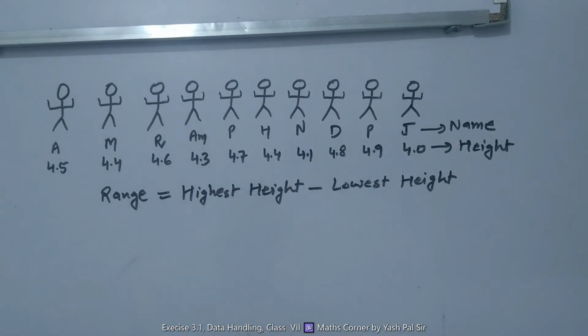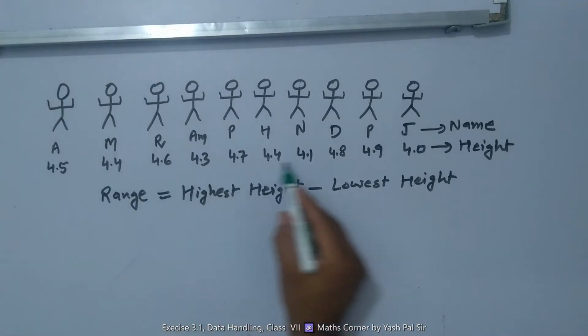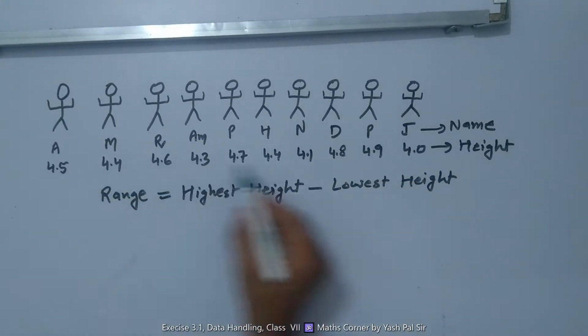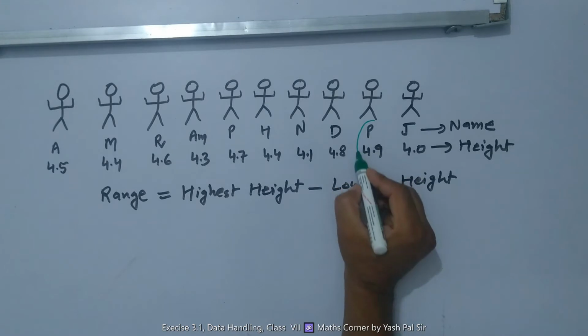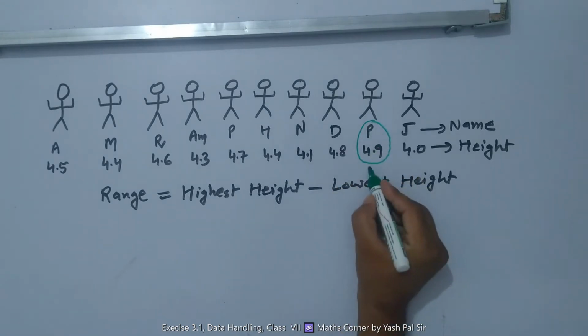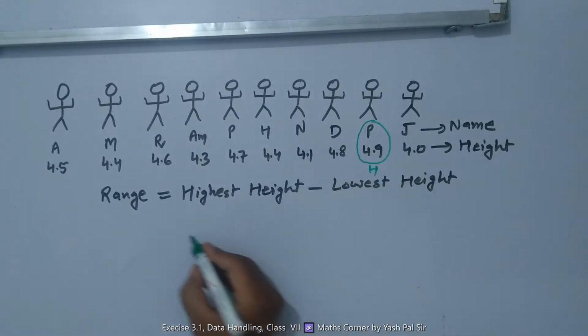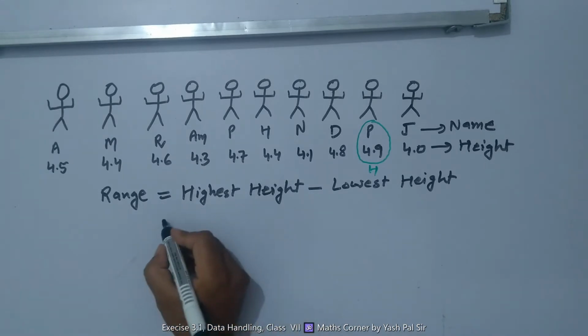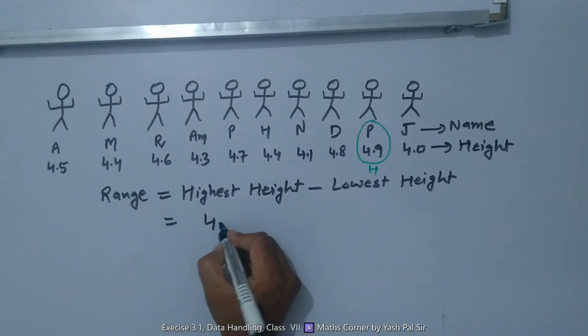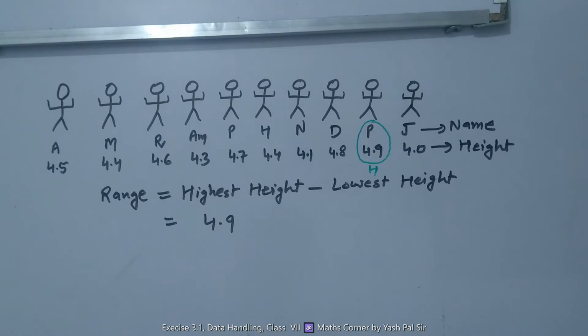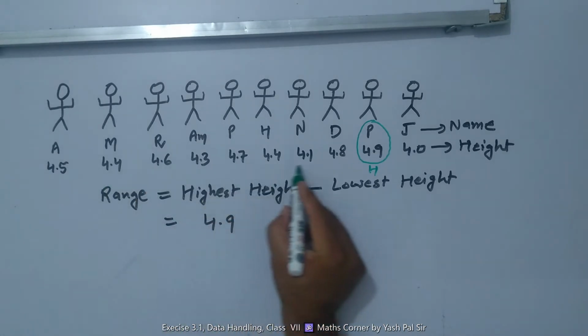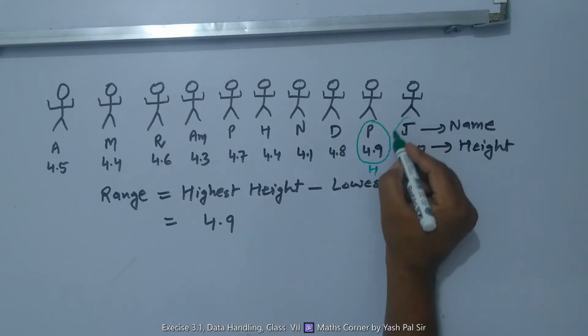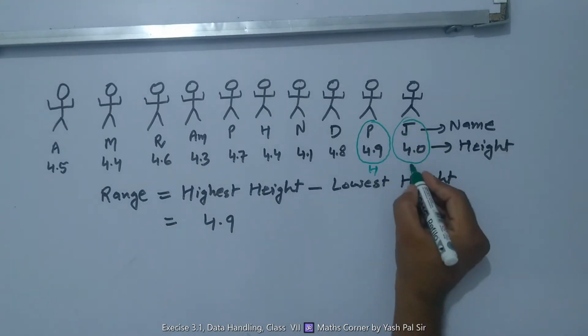So out of these 10 students, which one is highest? 4.9 is highest. So we write here equal to 4.9, and which one is lowest? Out of these 10 students, this one is lowest, 4.0.